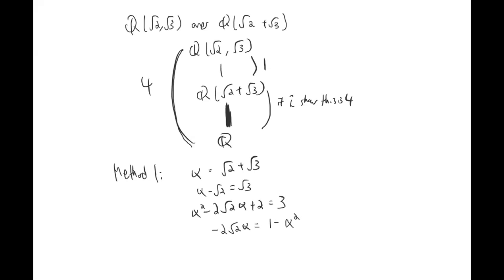Now if I square both sides, I get 8 alpha squared equals 1 minus 2 alpha squared plus alpha to the 4th. And from here, 0 is 1 minus 10 alpha squared plus alpha to the 4th. So alpha is a root of x to the 4th minus 10x squared plus 1. Everyone follow so far?